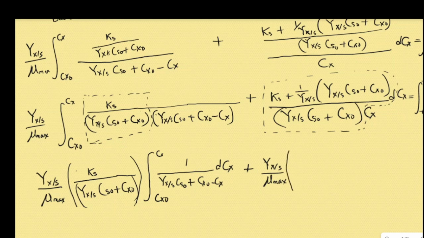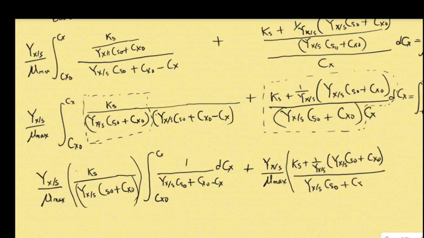Then we will have this whole constant here, which is (Ks plus 1 over Y_X/S) into Y_X/S (Cs naught plus Cx naught) over Y_X/S (Cs naught plus Cx naught), and our integral is from Cx naught to Cx, and the integral in this case is 1 over Cx dCx, and everything will be equal to the integral from t naught to t dt. Exactly.